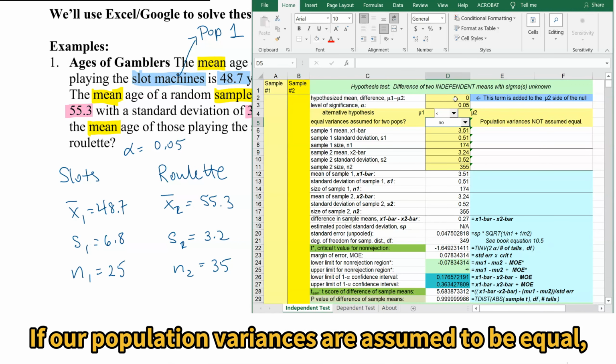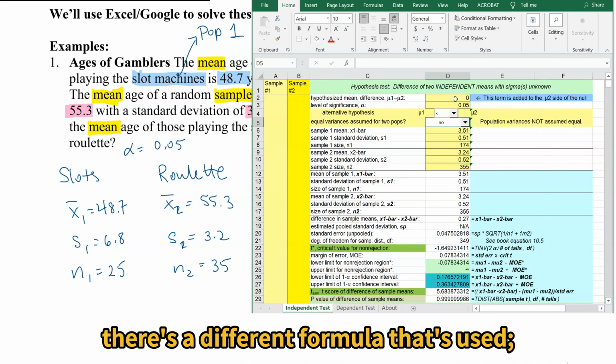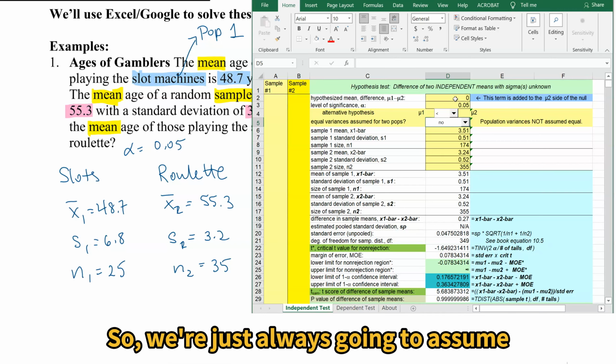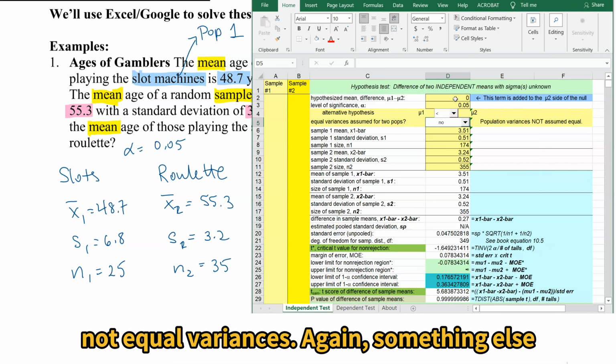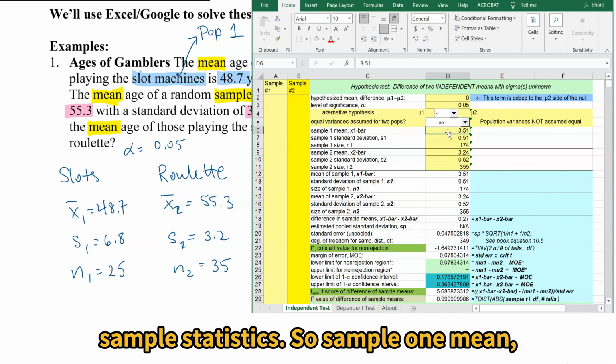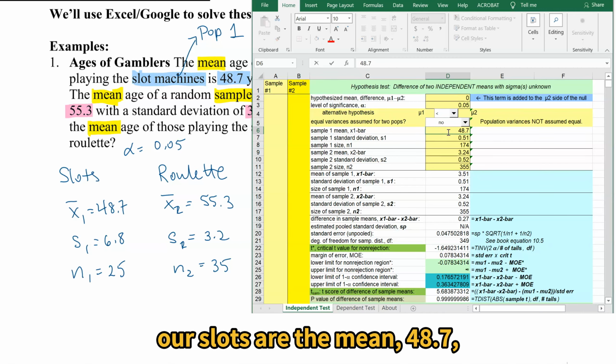If our population variances are assumed to be equal, there's a different formula that's used, or the standard error changes in the denominator. So we're just always going to assume not equal variances. Again, something else you don't have to change. And now we can put in our sample statistics. So sample 1 mean, our slots are the mean, 48.7.